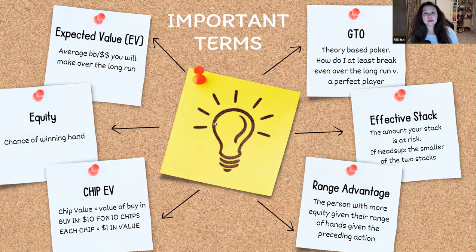So you open and big blind calls you, and big blind has a pretty wide range because they only have to invest 1 more big blind. Let's say the flop comes ace, king, queen. The range advantage is going to go to the under the gun player because they have a lot more aces, a lot more kings, a lot more queens, because big blind only called and their distribution of hands is a lot wider. So that's the quick rundown.